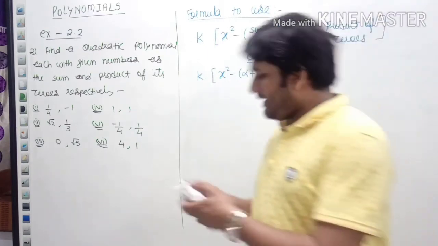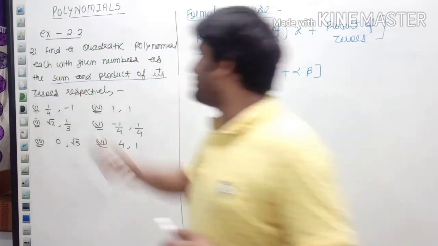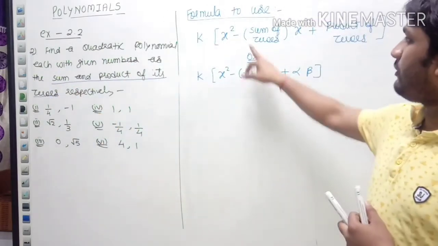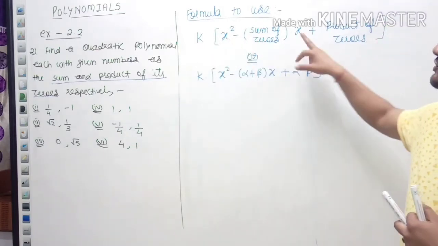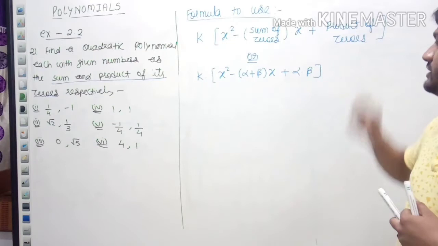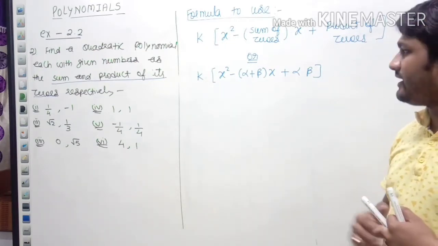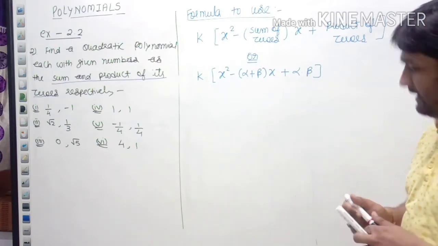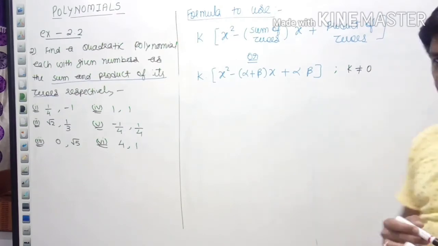When the sum and product of zeros are given, we use the formula k into x square minus sum of zeros into x plus product of zeros, or simply k into x square minus alpha plus beta into x plus alpha into beta. Remember, this k is not equal to 0.